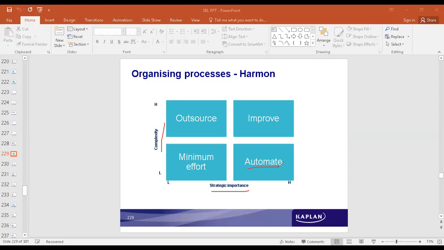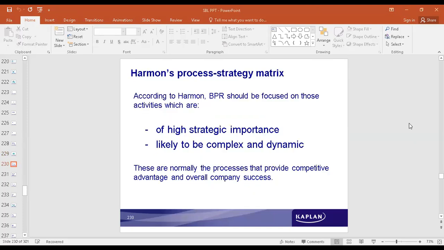Then if the strategic importance is on the higher side and complexity is also on the higher side, in that case the strategy that has to be adopted is improve. So continuous improvement is what is required there. Then we see Harmon's process strategy matrix. So according to Harmon, BPR should be focused.